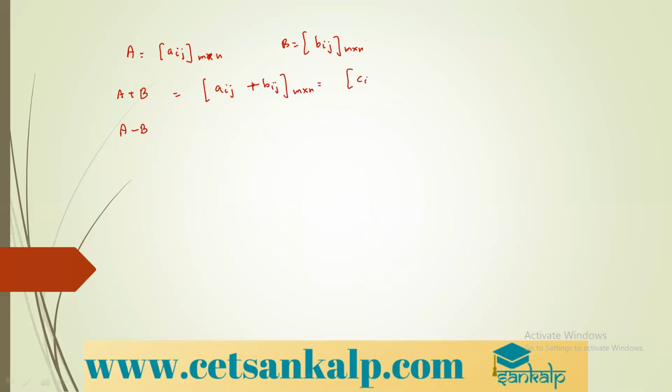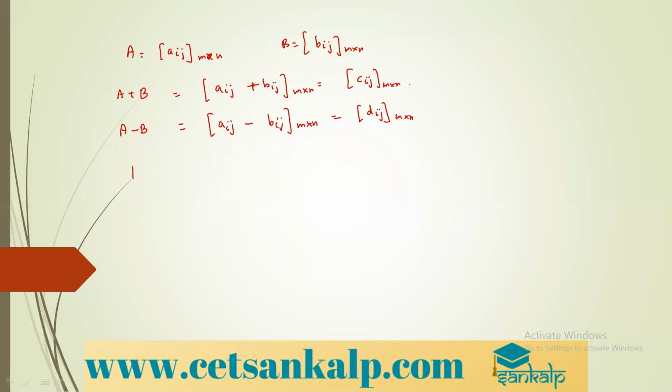So the result will be Cij of order m by n. In A minus B, you will take corresponding Aij's minus corresponding Bij's. The order will still be m by n. So the result will be a matrix with elements Dij and order m by n.